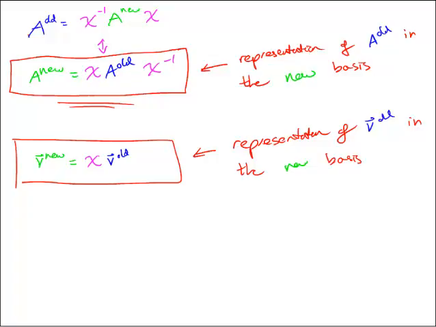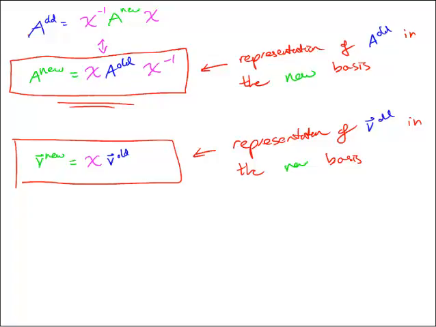So to represent a vector in the new basis, you multiply that vector by your change of basis matrix. And to represent a matrix in a new basis, you multiply the matrix on the left by your change of basis matrix, and on the right by the inverse of your change of basis matrix.